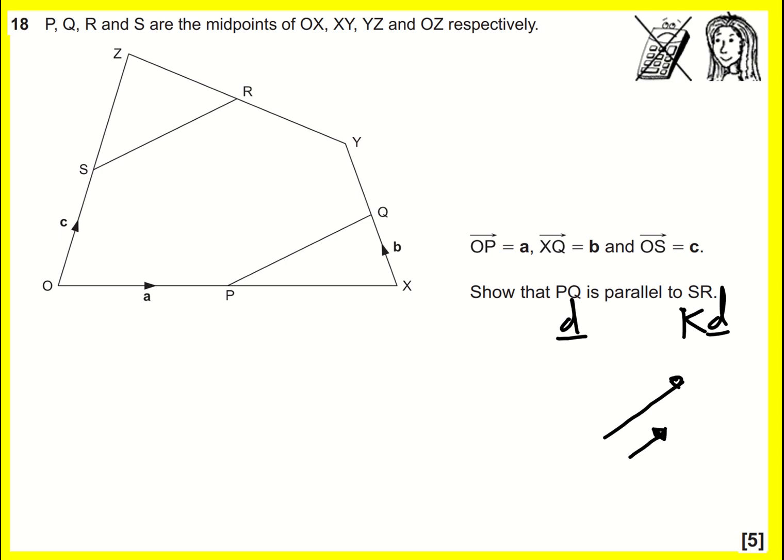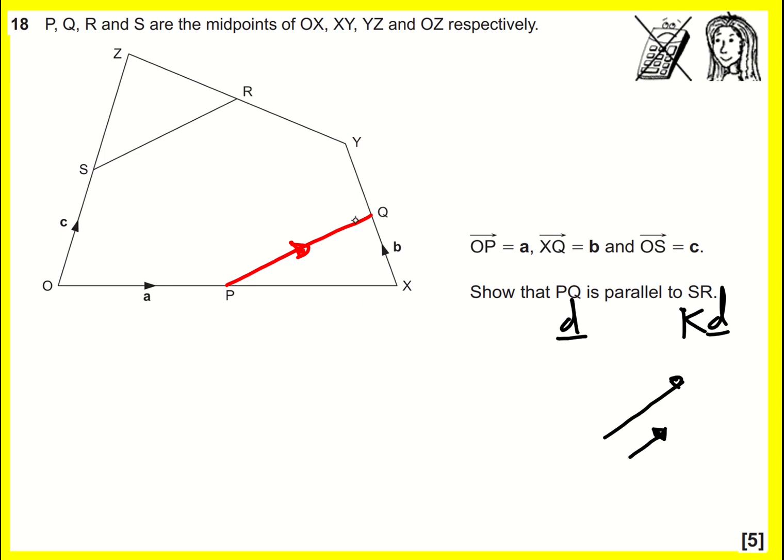So let's try this. Let's try and find out what PQ is. That's this vector here. Right, but I can construct vectors using multiple other vectors. I can add things together.